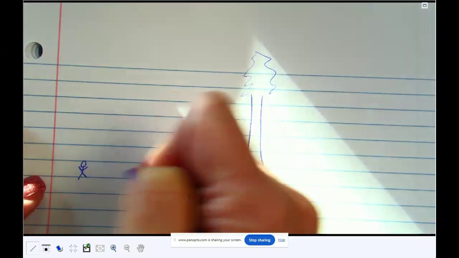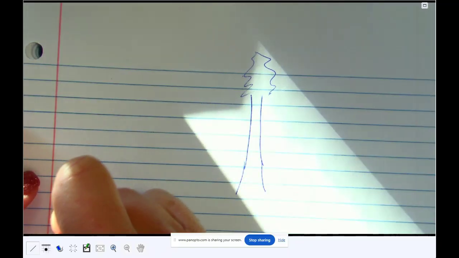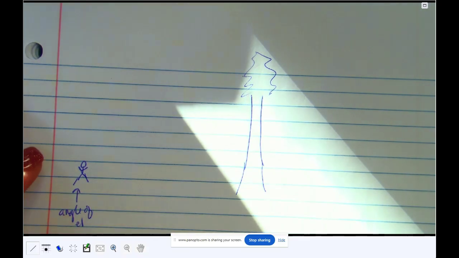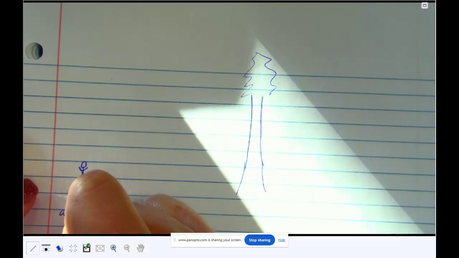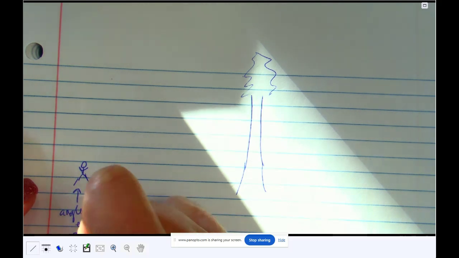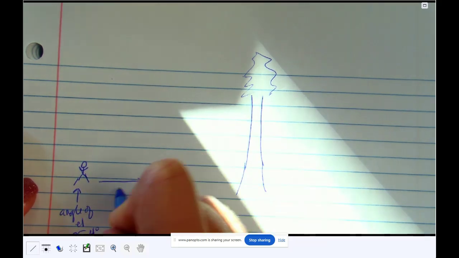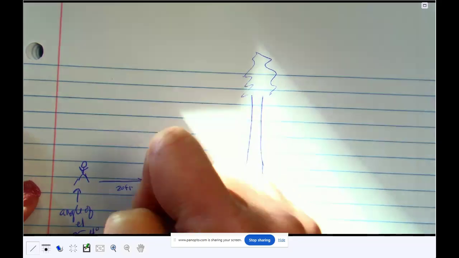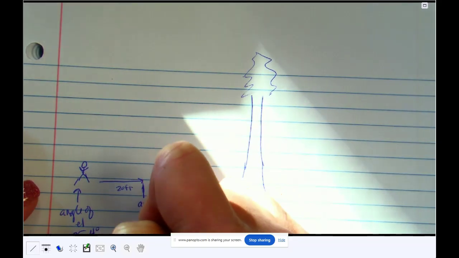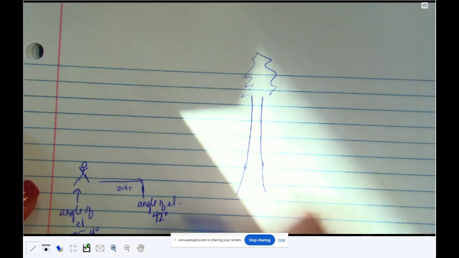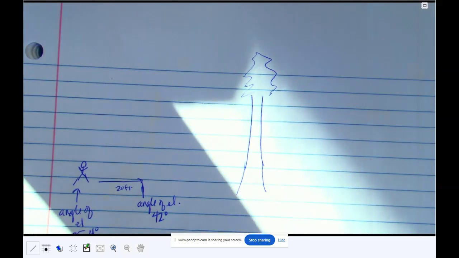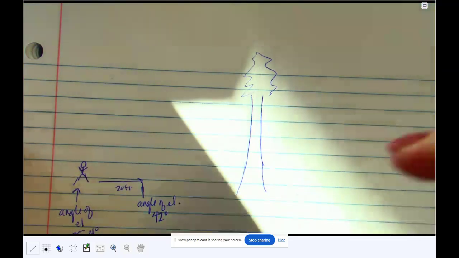Your angle of elevation to the tree at this point is 35.4 degrees, and then you walk 20 feet this way. And the angle of elevation here is 42 degrees. How tall is the tree? Yep, 20 feet toward the tree.